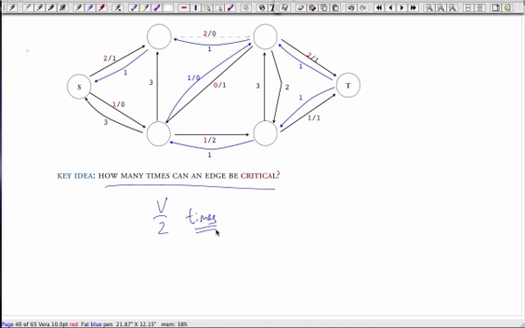Okay? And the reason for this is as follows. First of all, what's the longest path that you could have from S to T? V minus 1, yeah, V, let's say.